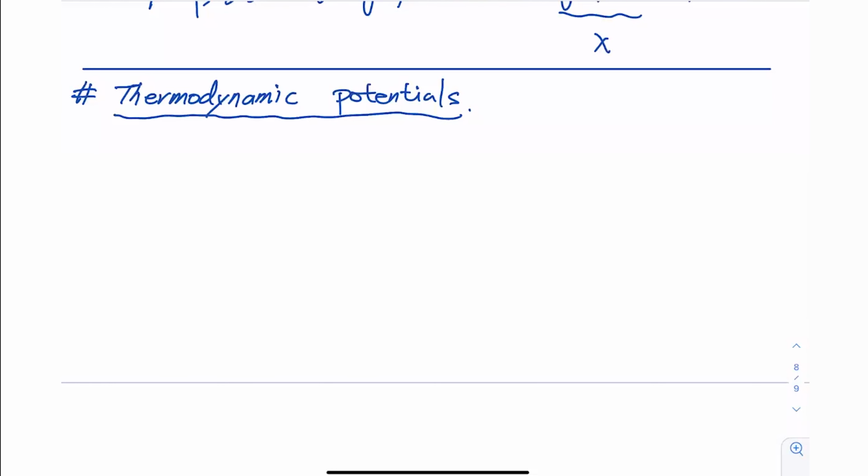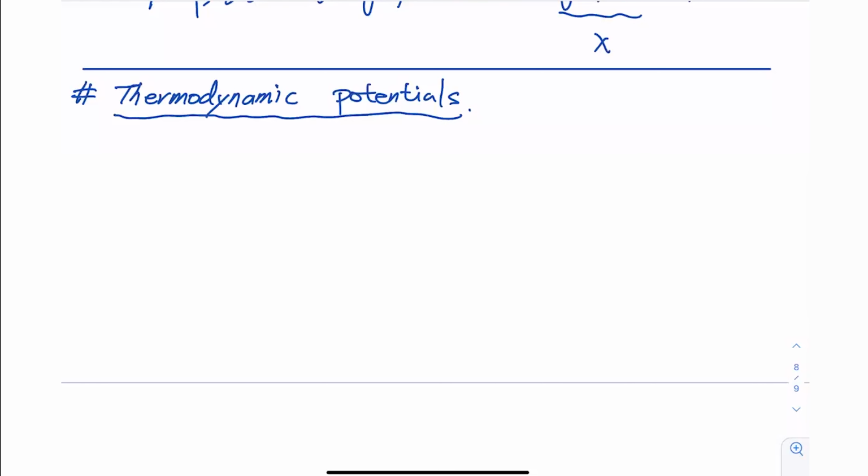So how to do that? At this moment, we only know that the fundamental equation of our system is described by the function entropy and a bunch of extensive variables. Or if we use the energy scheme, we have the function energy described by a bunch of extensive variables.